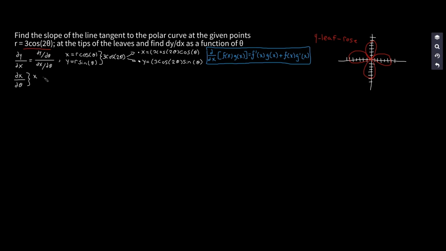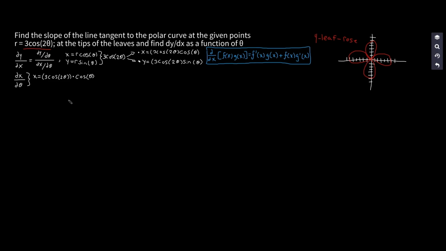That is x, and this is just the same thing that we wrote up there. x equals 3 times cosine of 2 theta times cosine of theta.